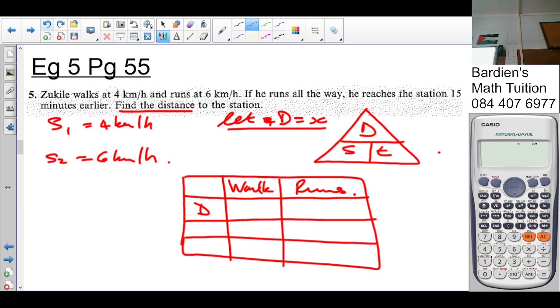So he walks a certain amount and he runs. They're talking about the same distance that he runs. So the distance for which he runs is also x. Then the speed at which he walks is 4 kilometers per hour and he runs at 6 kilometers per hour.